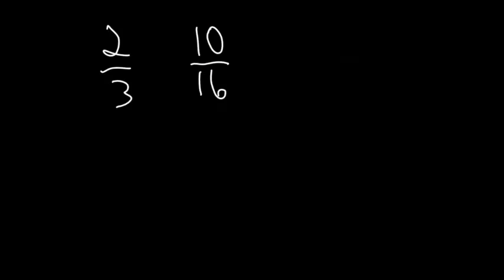Alright, so now I have 2/3 and 10/16. So again, we can try and reduce this first. 2/3 can't be reduced, but 10/16 can. You can divide both those by 2. 10 divided by 2 is 5. 16 divided by 2 is 8. And 2/3 does not equal 5/8. Other way you can do it is to cross multiply.